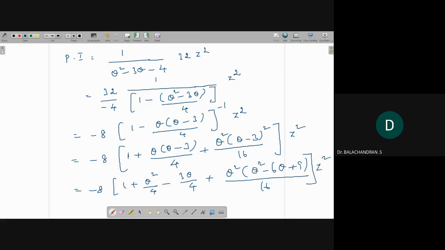Actually, I don't need theta power 4 and 6 theta cube. I need only 9 theta square, 9 theta square by 16.